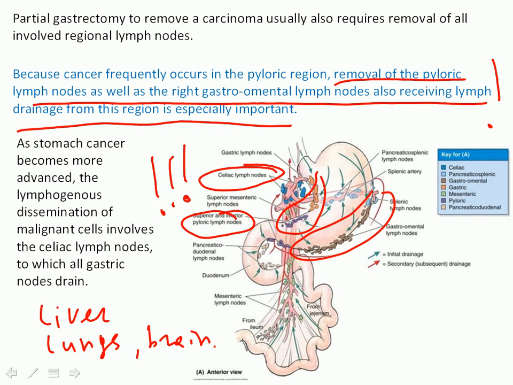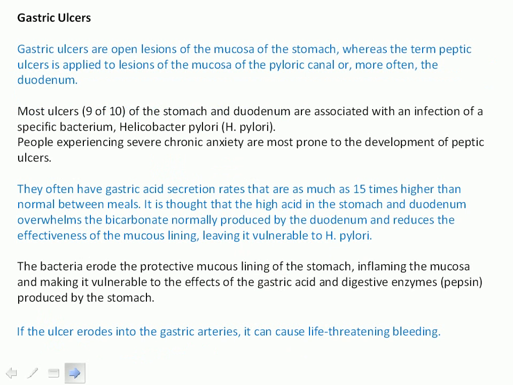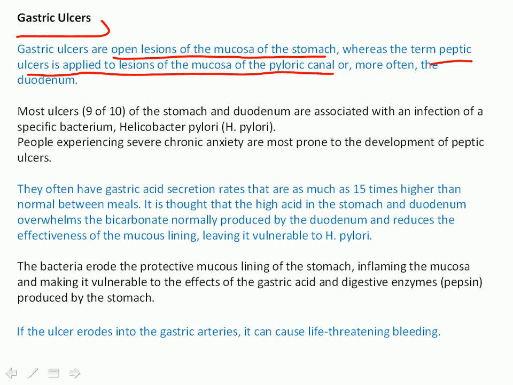Now let's talk about gastric ulcers. Gastric ulcers are lesions of the mucosa of the stomach, very common lesions, whereas the term peptic ulcer is applied to a lesion of the mucosa of the pyloric canal, and more often the duodenum.